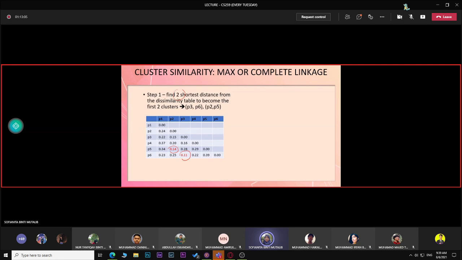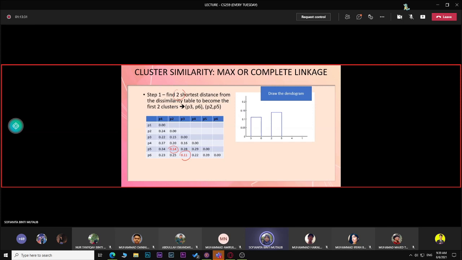When you apply maximum, it will be the same outcome as the previous method, min or single linkage. Outcome of iteration 1 or step 1. When you use max and when you use min, it will always be the same. Normally sama lah.